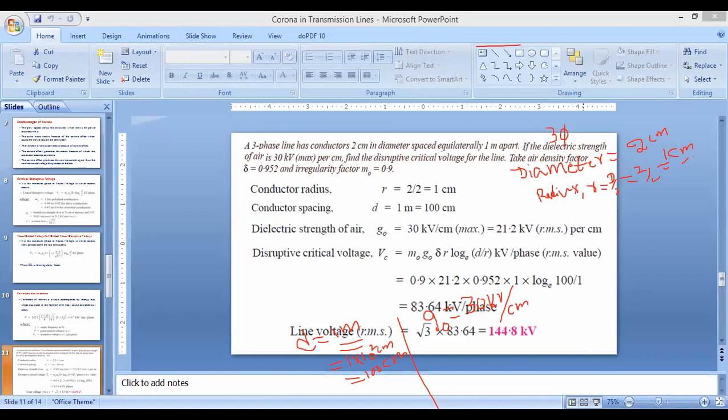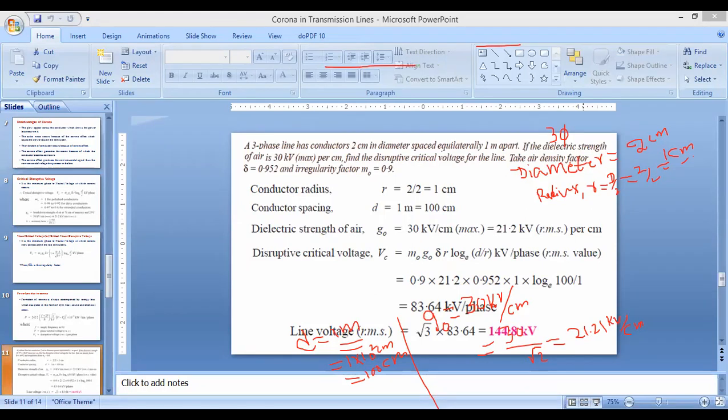The RMS value is 30 by root 2, that is 21.21 kV per centimeter.